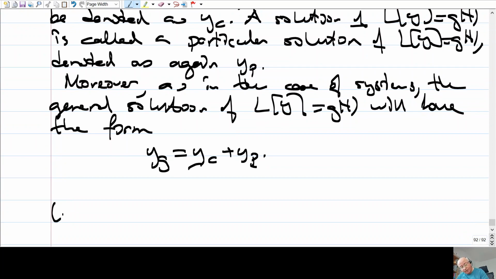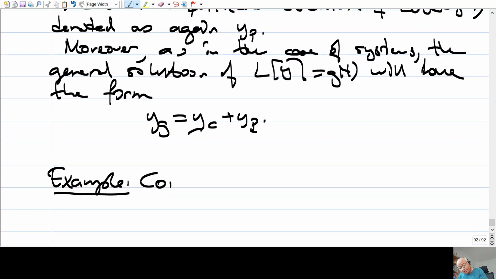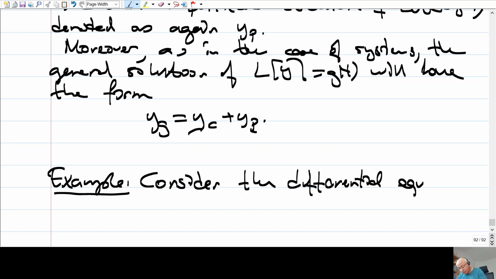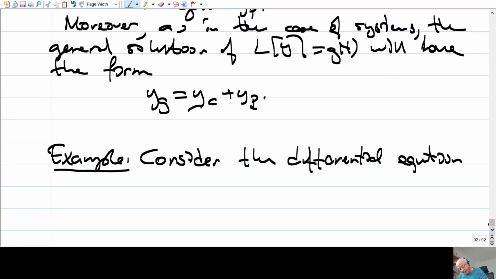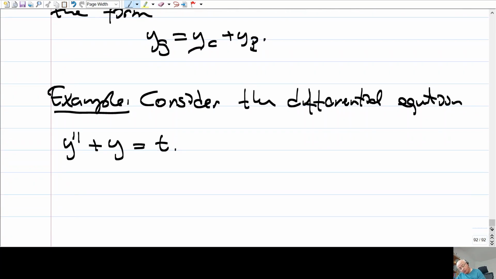Let me explain this on an example. Consider the differential equation y double prime plus y equals t. So this is a non-homogeneous equation.